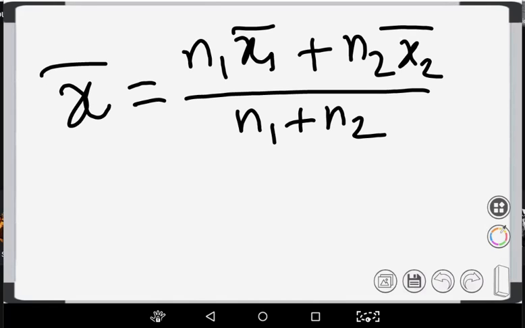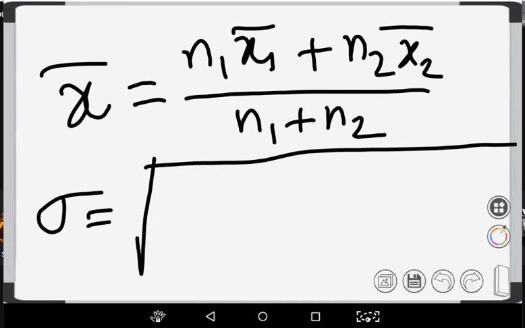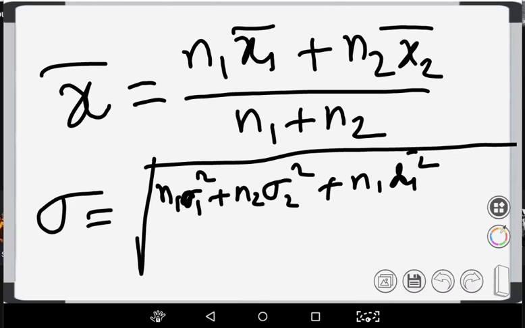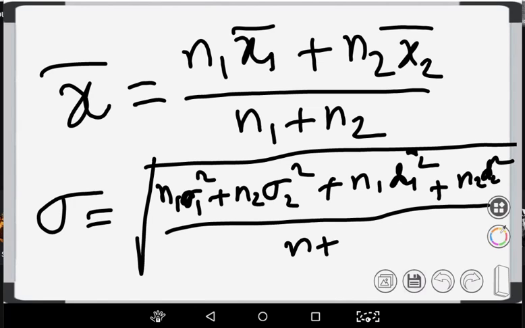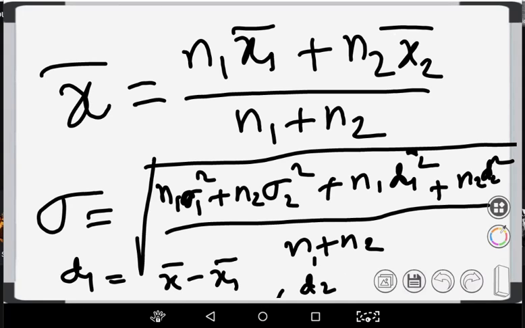And the combined standard deviation is sigma equals root over of n1 sigma 1 square plus n2 sigma 2 square plus n1 d1 square plus n2 d2 square by n1 plus n2, where d1 equals x bar minus x1 bar and d2 equals x bar minus x2 bar.